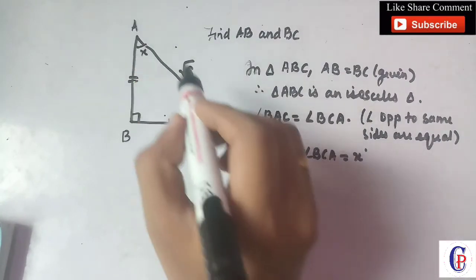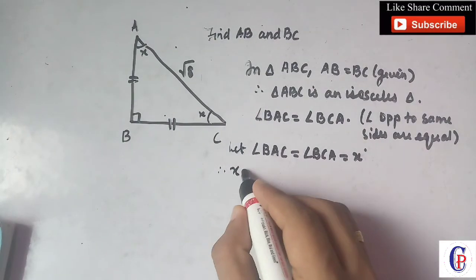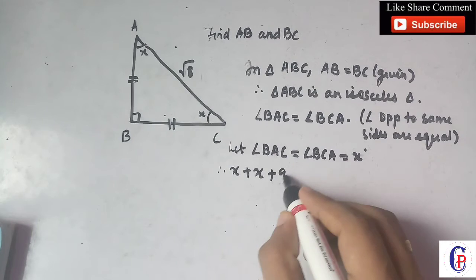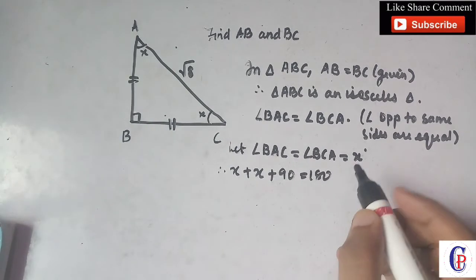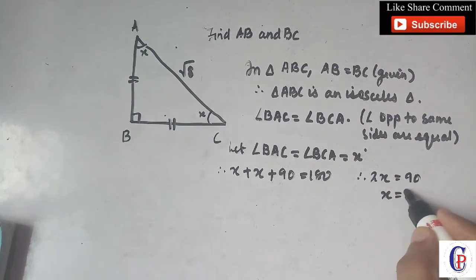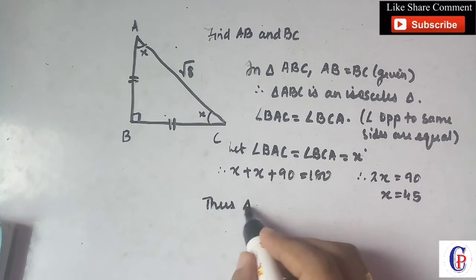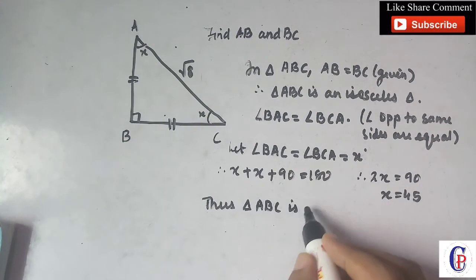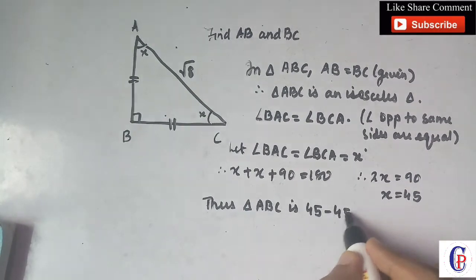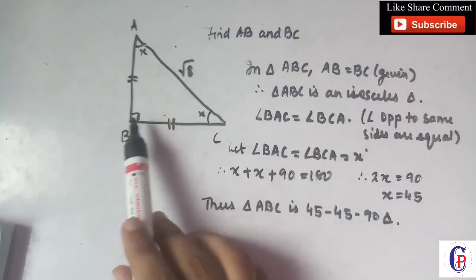So this is x and this is also x. Therefore x plus x plus 90 is 180, so 2x is equal to 90 and therefore x is 45. So thus triangle ABC is a 45, 45, 90 degree triangle.